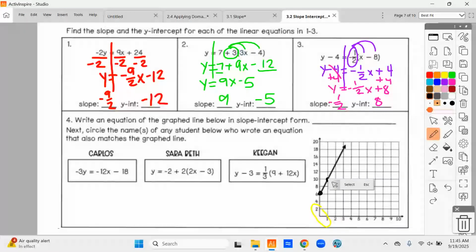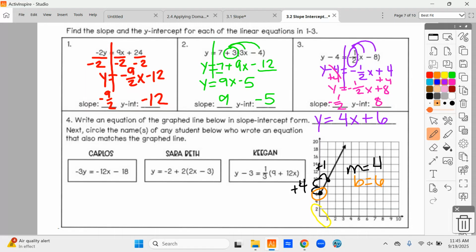Okay, so my y jumps by 2, so I'm going to go 2, 4, up 4, over 1. So my slope is 4, because 4 over 1 equals 4. And my y-intercept is 6, so my b is 6. So I go y equals m, which is 4, x plus 6.